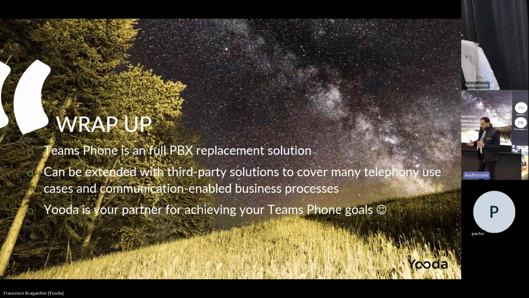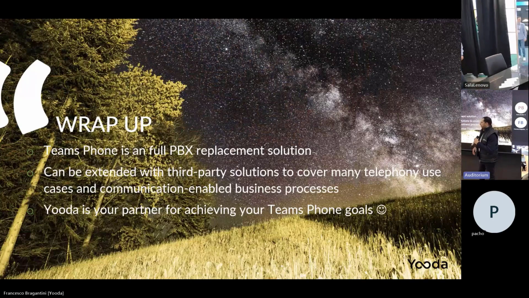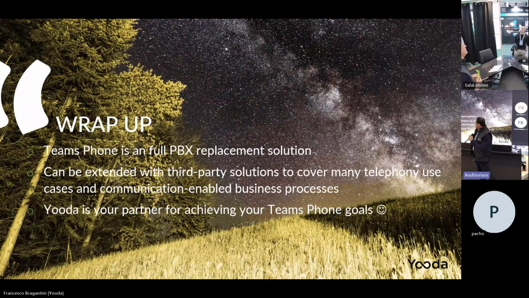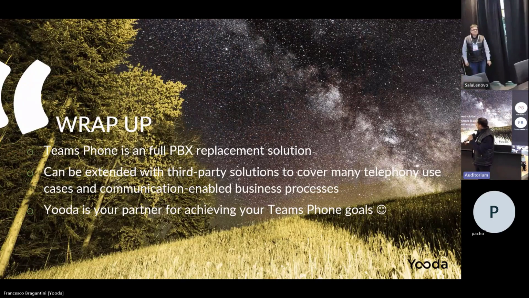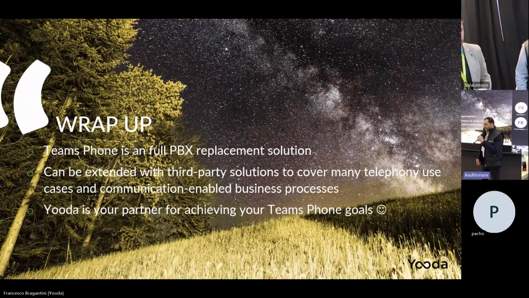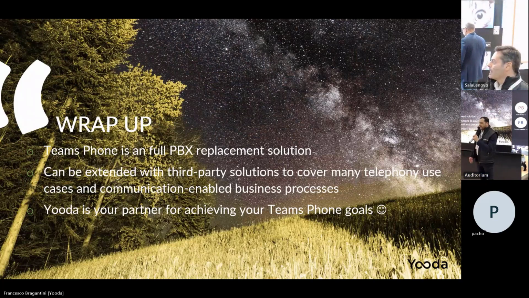We can design the scenario you need if you have a special need, because with third-party systems, it can enable what we call communication-enabled business processes. This is something that we do every day, so it's our main business.